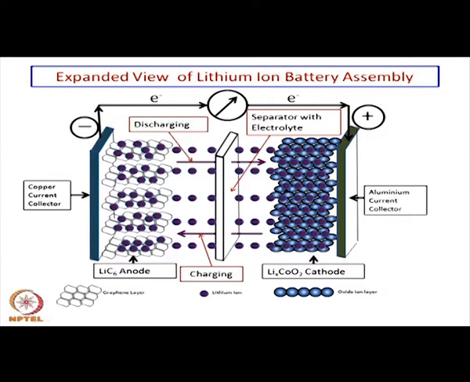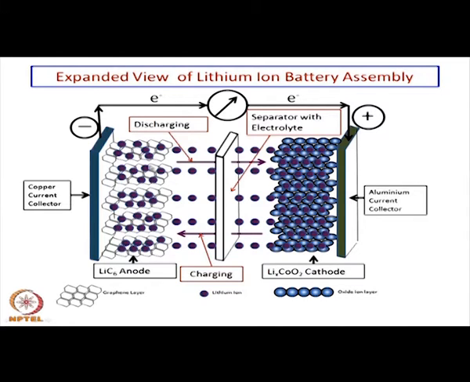If you go to the details of the structure and the working principle, it looks like this. As I said, this is the anode side, the anode is LiC6 and the cathode is LiCoO2. Both of them have a layered structure. As you know, graphite has a layered structure.